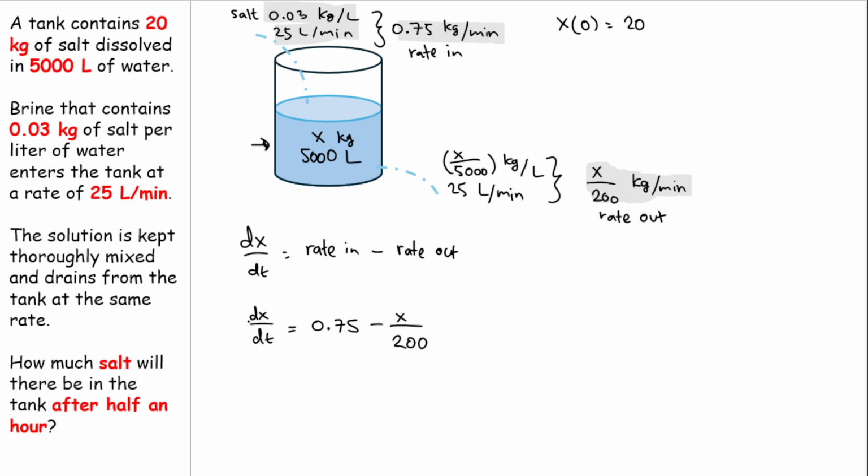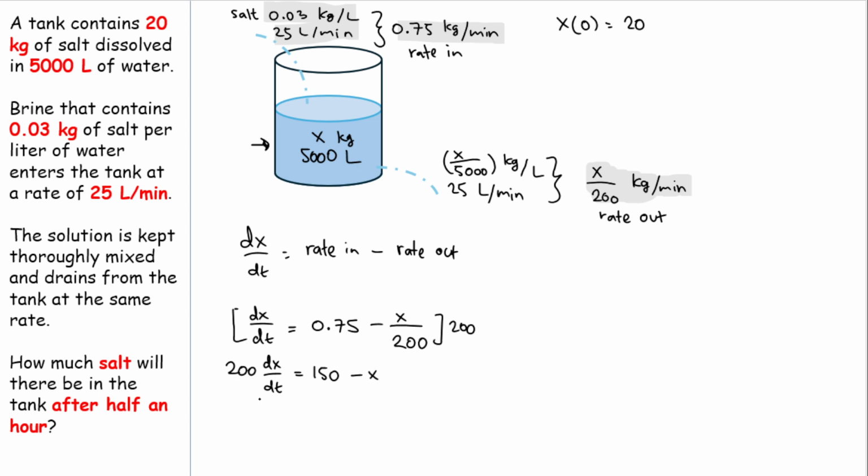Let's multiply both sides by 200 to simplify, so we have 200 dx/dt equal to 150 minus x.